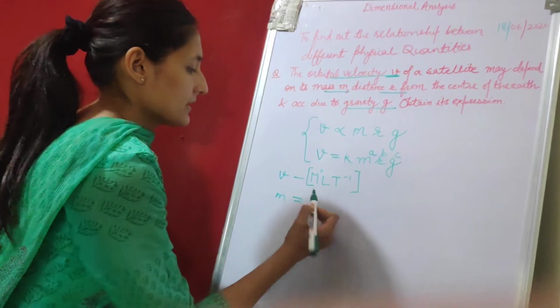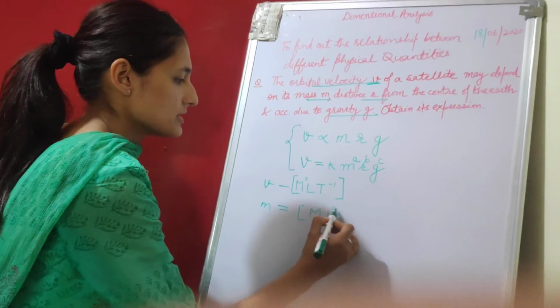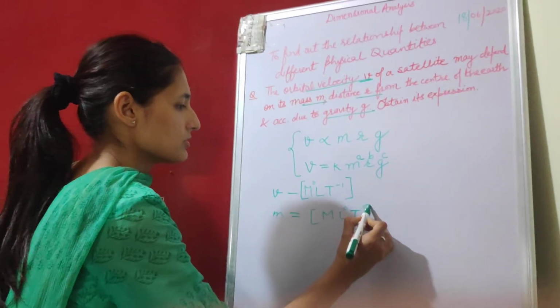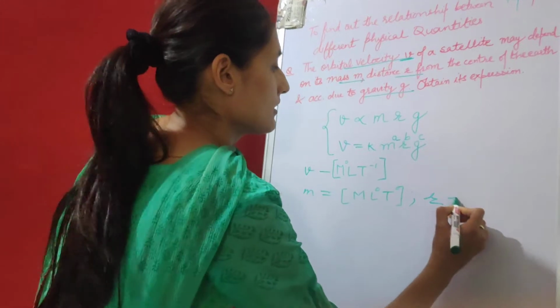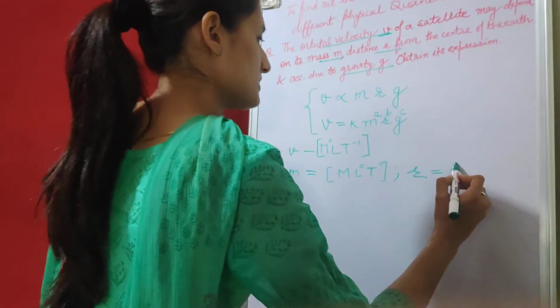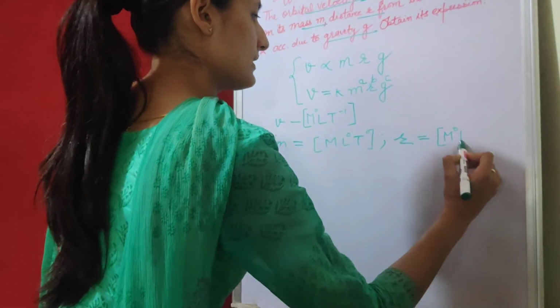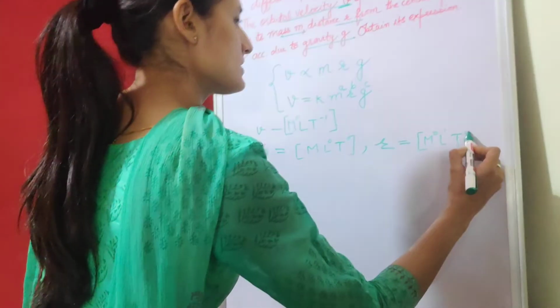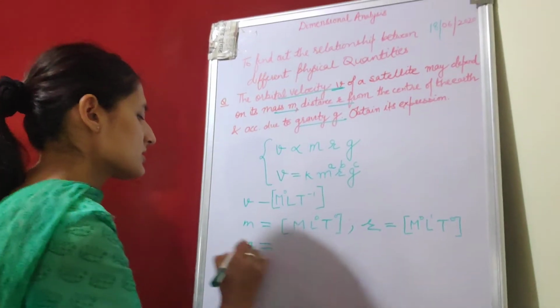Mass has dimension of only M; L will be 0, T will be 0. And distance r has dimensions: mass 0, length 1, and time 0. And what about acceleration due to gravity?